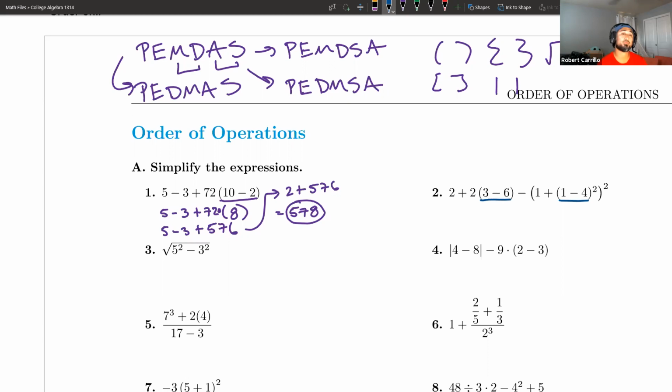Why not? So we will get 2 plus 2 times 3 minus 6, which gives me negative 3, minus parentheses 1 plus 1 minus 4, which is negative 3 squared, close that parentheses, and squared.